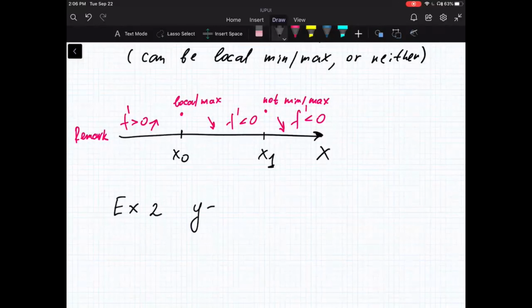Okay, example number 2, y equals x cubed minus 3x. If we calculate the derivative, that will be 3x squared minus 3.